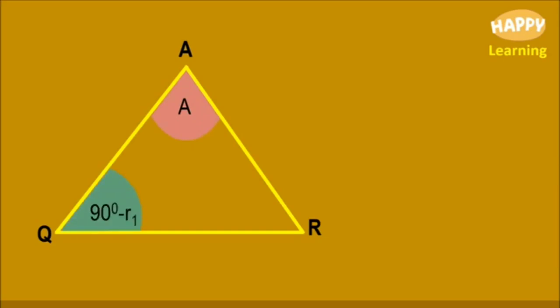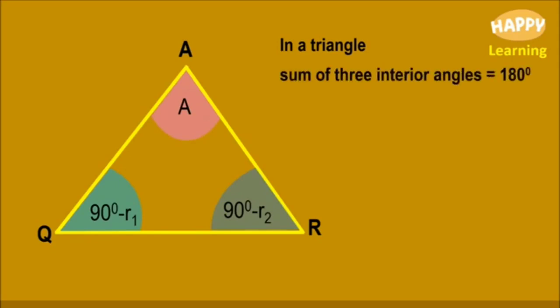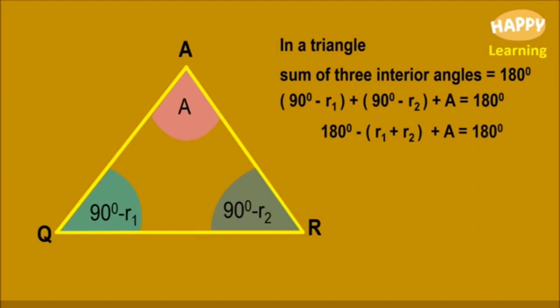Angle at Q is 90 minus R1. Angle at R is 90 minus R2. In a triangle, the sum of the three interior angles is equal to 180 degrees. So (90 degrees minus R1) plus (90 degrees minus R2) plus A together equal 180 degrees. On simplification, we get A equal to R1 plus R2. Let it be equation number 2.